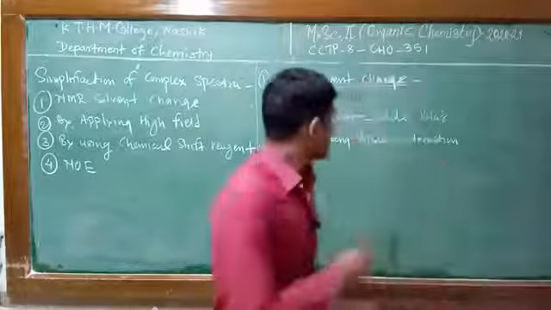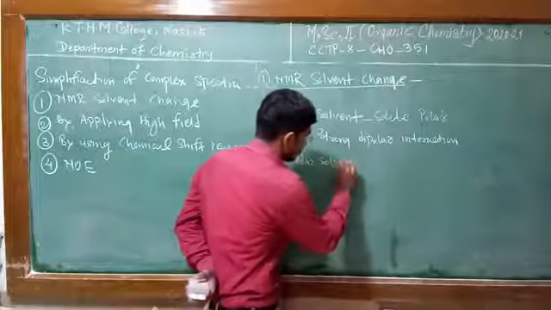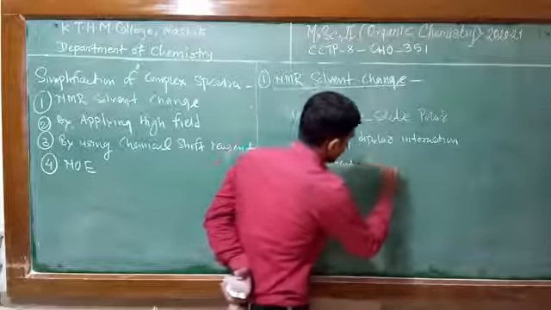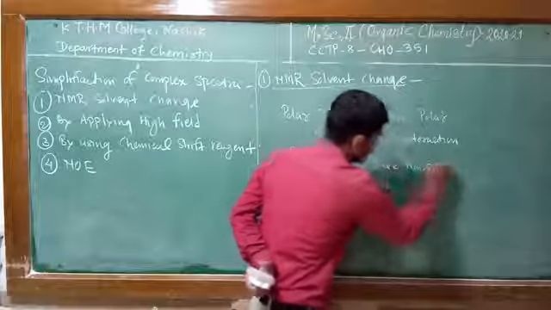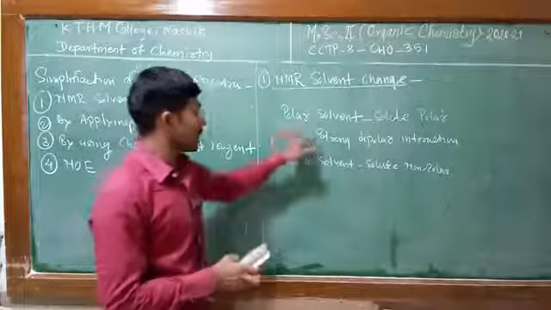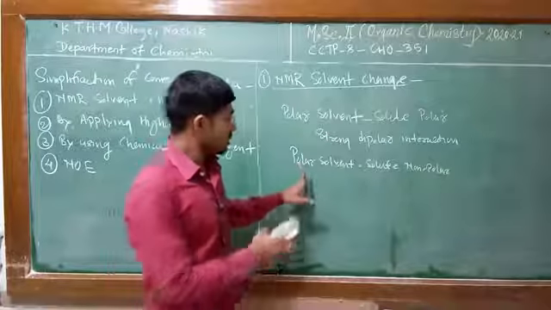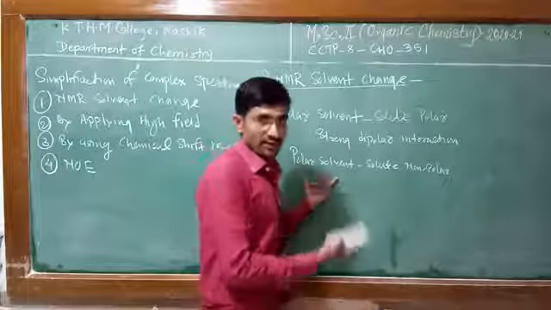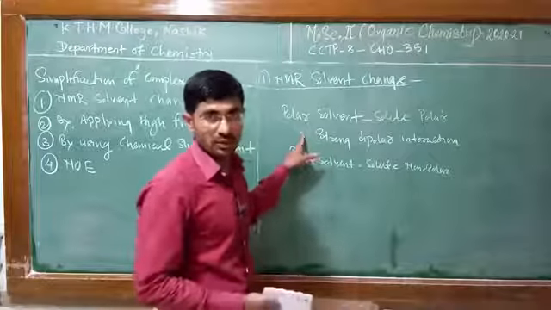Another case is where the solvent is polar and the solute is non-polar. In this case, as compared to the polar solvent and polar solute case, the interaction is less. There we observed the strong interaction.